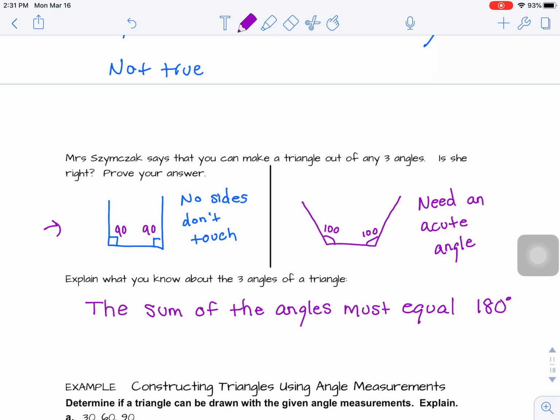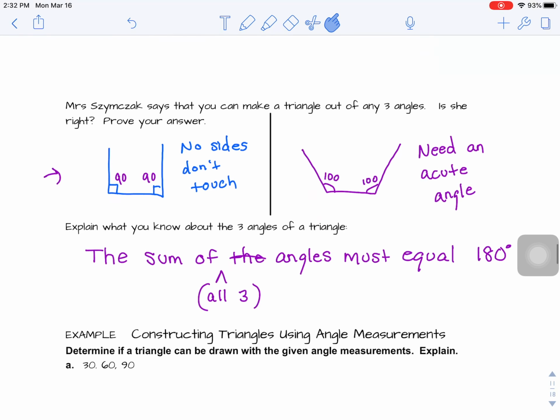We don't have a third angle in this picture, so that doesn't work. So we need all three angles. The sum of all three angles must equal 180.